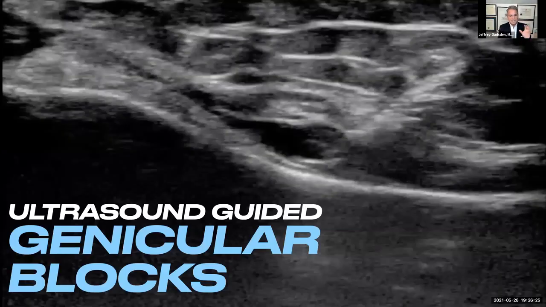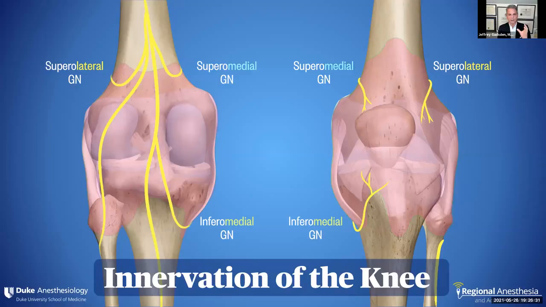And then to round things out, we have genicular nerve blocks. If we go back to our conception of how the knee is innervated, you can see that this is the last remaining piece. So we've gotten the saphenous nerve, the nerve to vastus medialis. We've got all that popliteal plexus behind.